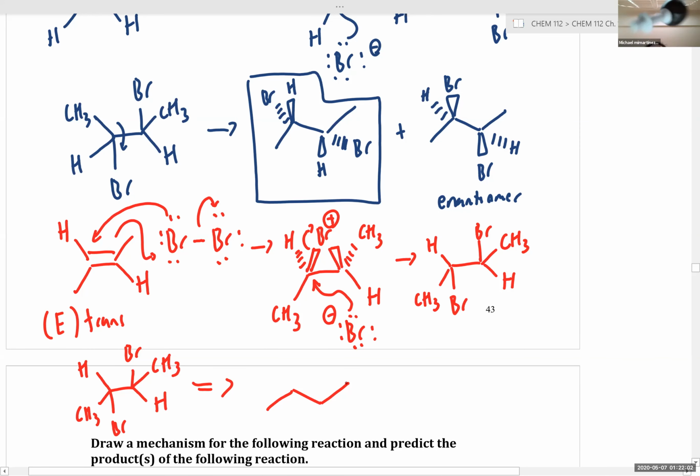So we've said first and foremost that one of our bromines is pointing towards us and the other bromine is pointing away from us.